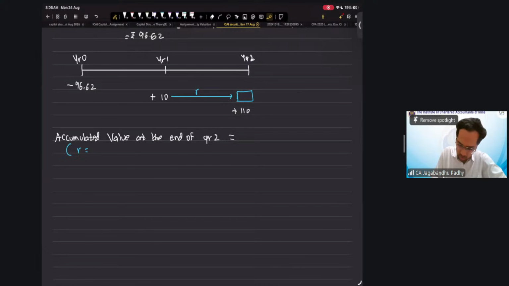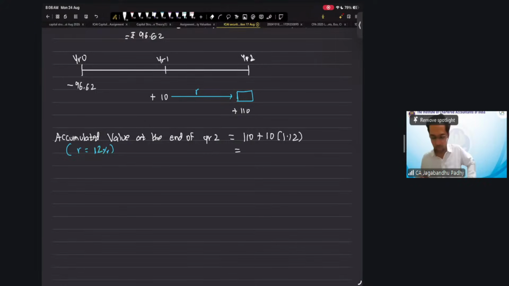So if I assume that R is 12%, then the accumulated value at the end of year 2 will be, of course, the original 110 plus this 10 reinvested at 12%. What's going to be the accumulated value? 110 plus 10 into 1.12. That's going to be 121.20.